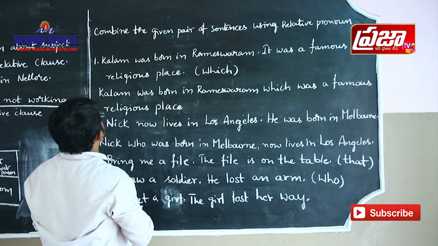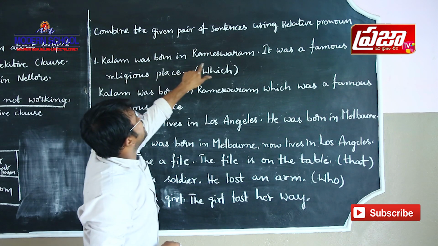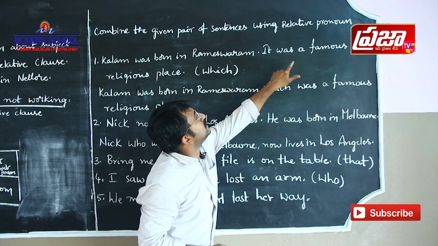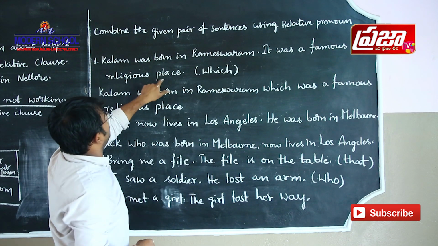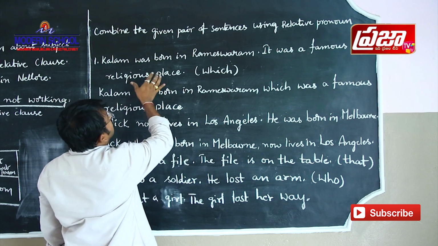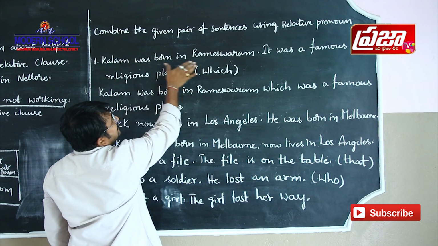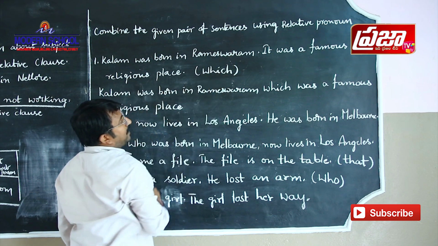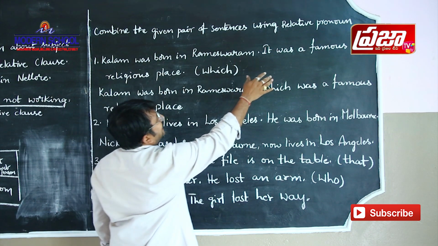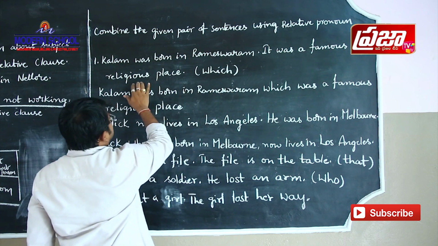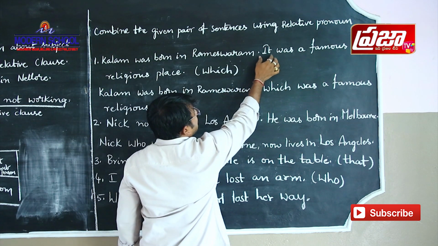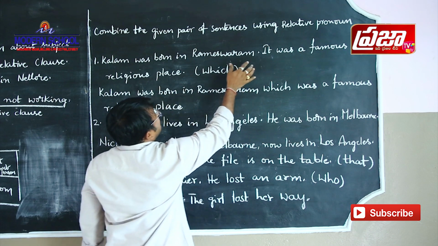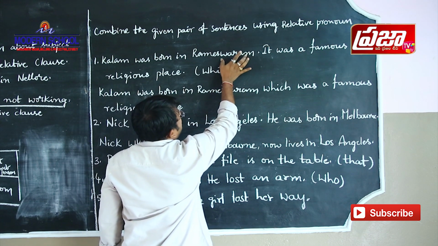So now how to combine the given pair of sentences using this relative pronoun? Let us see. Kalam was born in Rameswaram. It was a famous religious place. Here, in the first sentence, Rameswaram is a noun. And in the second sentence, it is the pronoun which refers to the place Rameswaram.